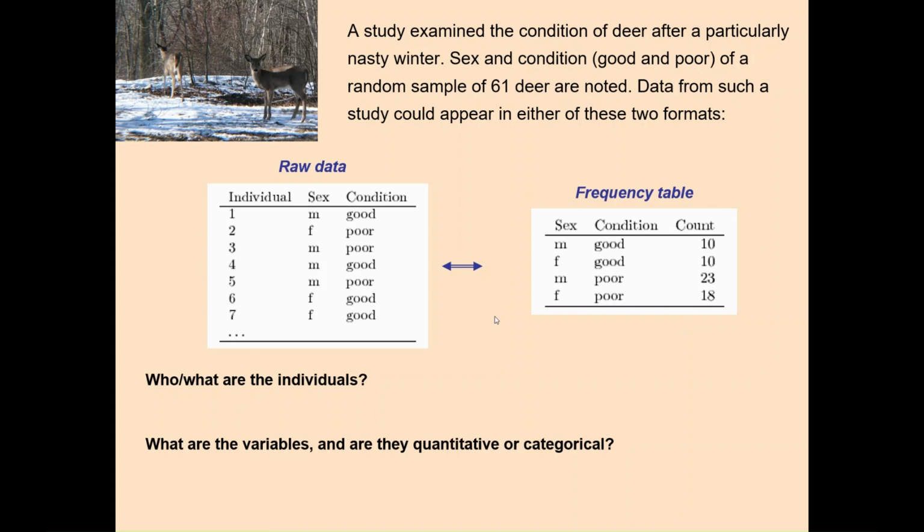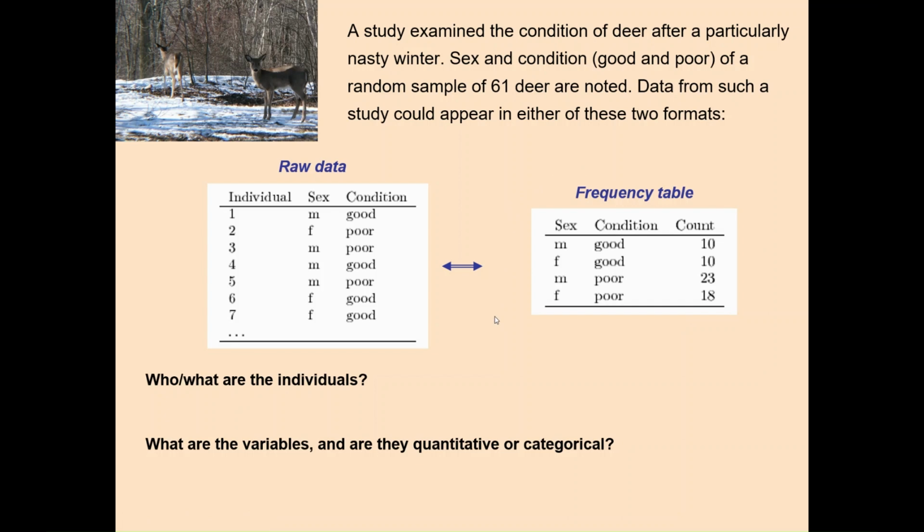Rather than having to go through and count how many males are in good condition, let's say. So frequency table helps us summarize our data, just like the graphics that I was talking about a moment ago will also help us summarize our data. And those graphics, again, were things like bar graphs, pie charts, histograms, and so on.